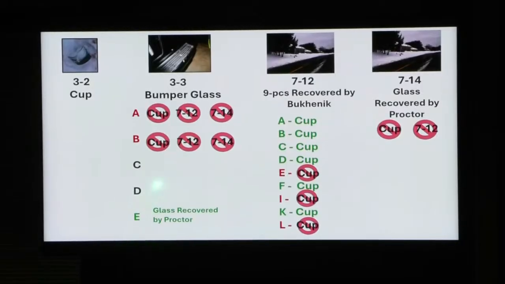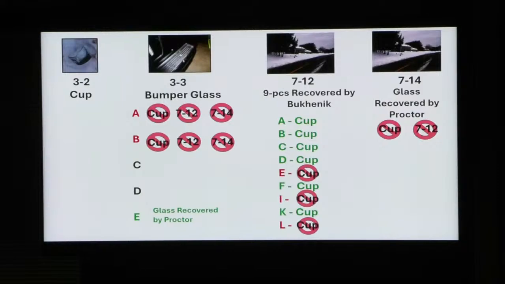That's correct. And moving over to category 3, there were some matches in these 9 items, 6 of them, A, B, C, D, F, and K, correct? Yes. But what those matched, Ms. Hanley, was the cup, nothing on the bumper, correct? Correct. And what didn't match the cup were E, I, and L. Is that right? That's correct.